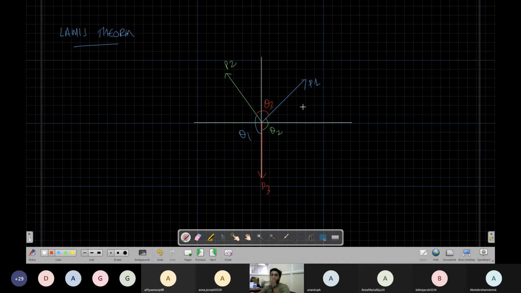Now, if these three forces are in equilibrium, they will follow Lami's theorem. Lami's theorem is a simple theorem, and you may already know it. So let's say the forces are in equilibrium.